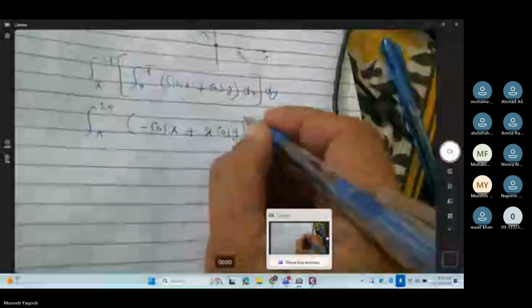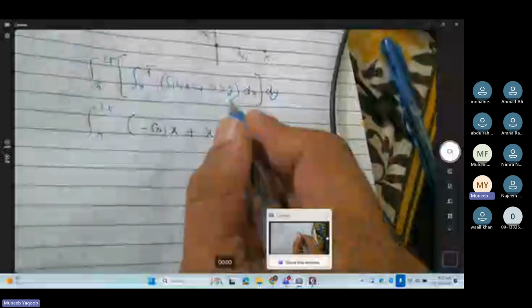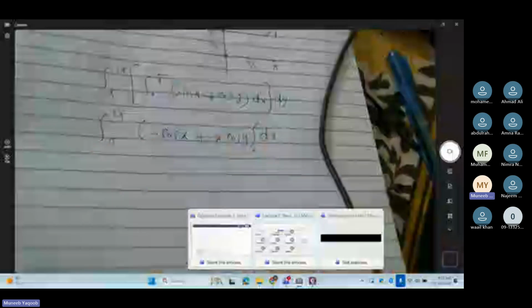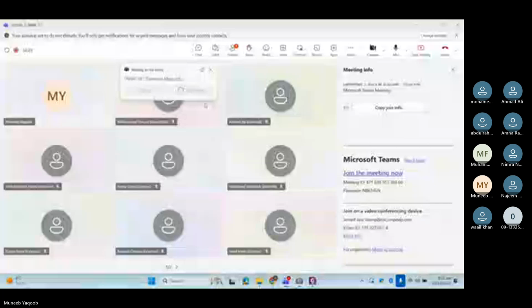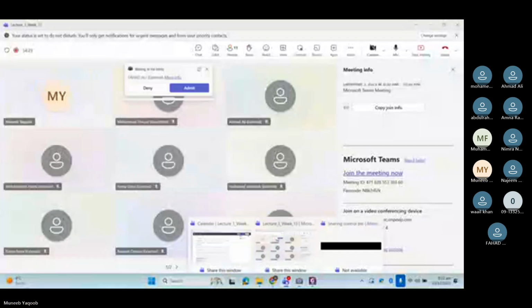Because they write integral of cos y as sin y, because they think that we integrate cos y, but it's not correct. Why? Because we are integrating with respect to x. So for us, cos y is constant. Okay. So what we are doing, we are integrating cos y as constant. Constant with it is x times cos y.